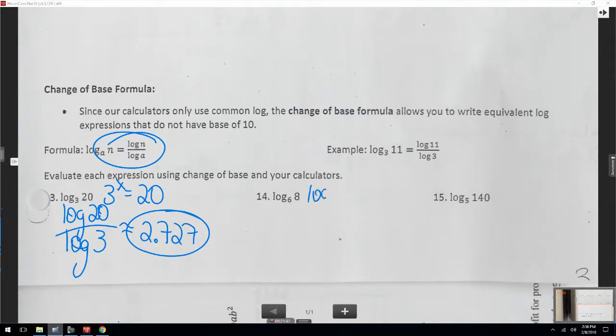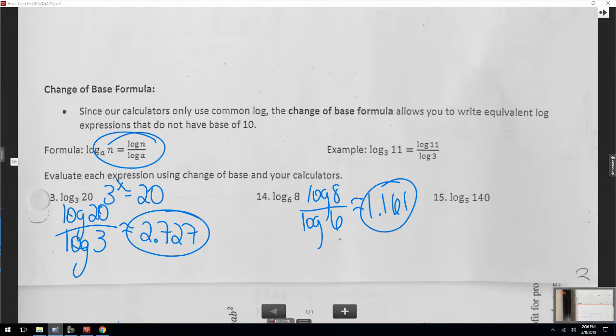So we're going to do log of 8 over log of 6. And your base goes on the bottom. 6 was your base, so that goes on the bottom. And I know 6 to the first is 6, so I know my answer is going to be really close to 1 point something, right? 1.161? Okay. There we go.